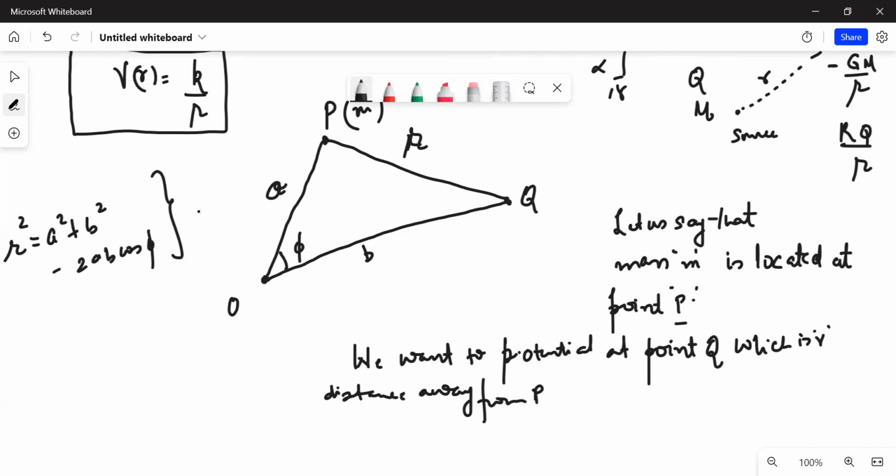So from the law of cosines, this is how you can express R. Let us assume that B is greater than A. So you have two different sides of different magnitudes: this is A, this is B, and this is R, and we want to find the potential at Q. Is that clear?